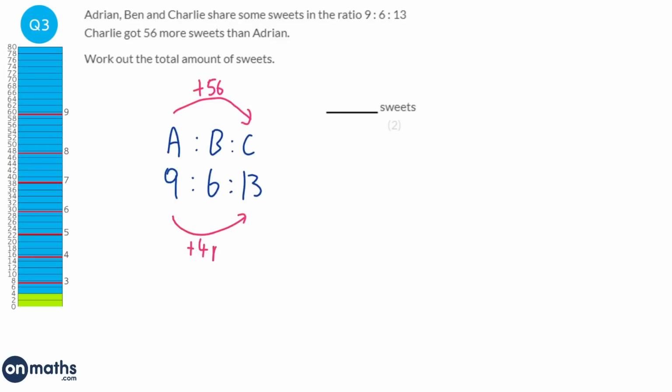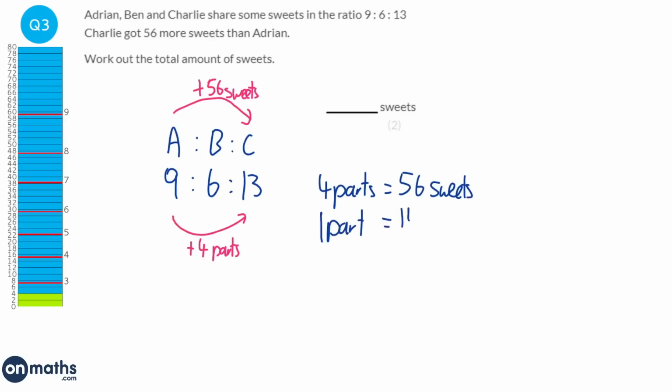So plus 4 parts, which represent plus 56 sweets. So 4 parts are worth 56 sweets. So 1 part would be 56 divided by 4, which is 14 sweets.